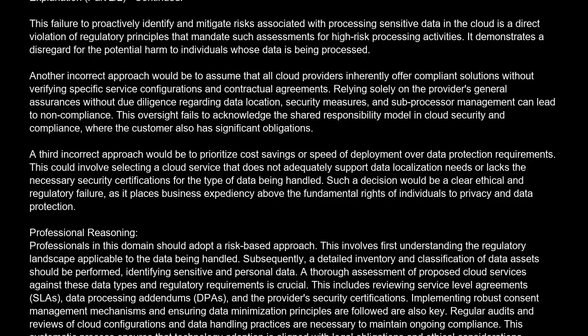This includes reviewing service-level agreements, SLAs, data processing addendums, DPA, and the provider's security certifications. Implementing robust consent management mechanisms and ensuring data minimization principles are followed are also key. Regular audits and reviews of cloud configurations and data handling practices are necessary to maintain ongoing compliance. This systematic process ensures that technology adoption is aligned with legal obligations and ethical considerations.